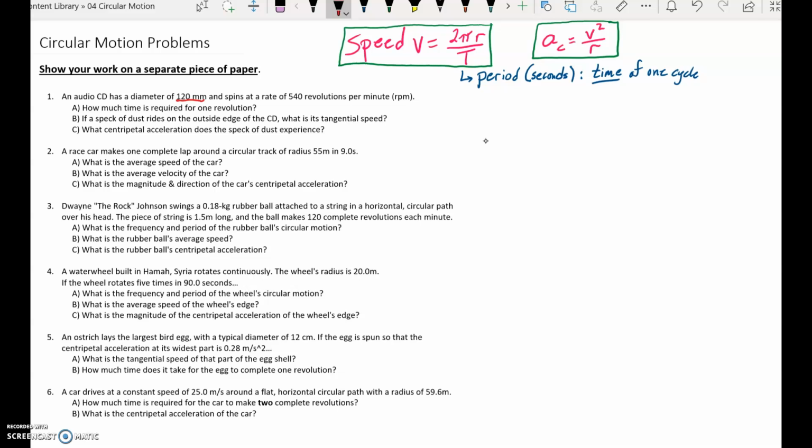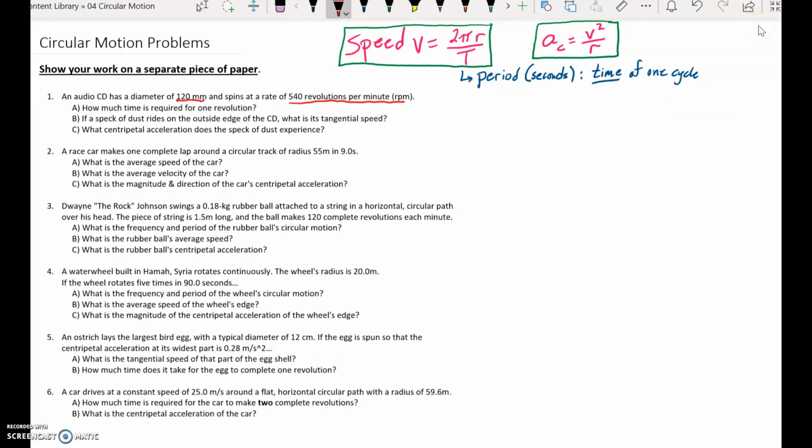So a couple things that we have to note just from the start. We have to convert our units for the diameter so that it's in meters. And we also have to convert our 540 revolutions per minute to seconds so that it's in our proper SI units.